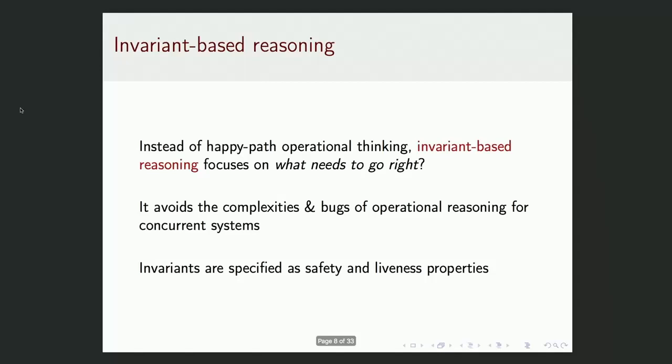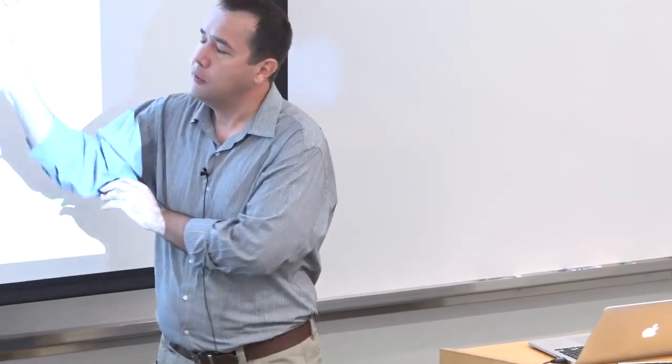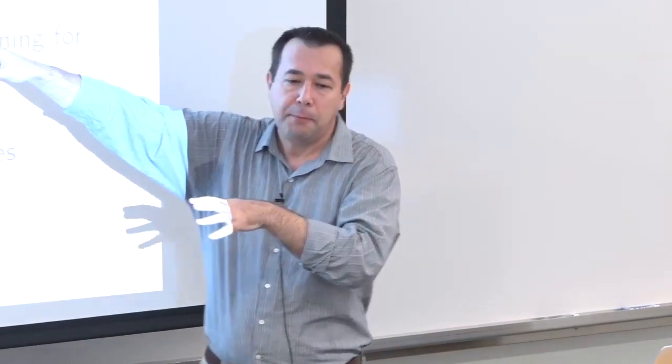Okay, so let's talk about invariant-based reasoning. The prevalent way of talking about design right now is operational thinking, happy path operational thinking. So in English, the specs will say, well, this happens, then this happens, then this happens. It talks about the happy path first.